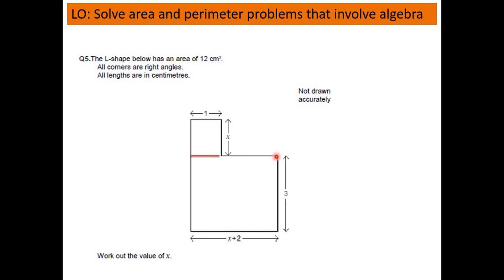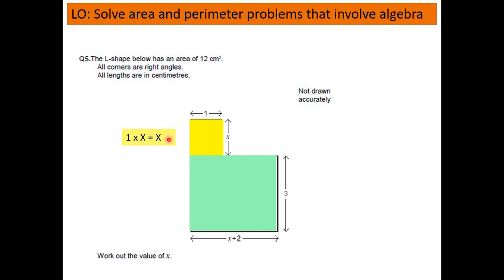So the first thing we're going to do is break this up into two shapes. We have a rectangle here and a rectangle here. So this first shape here, we need to work out the area of this shape, which is 1 multiplied by x is going to give us x.